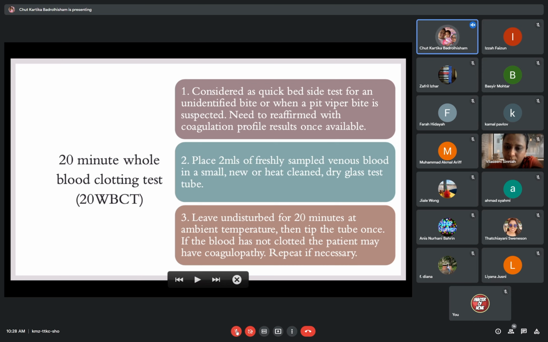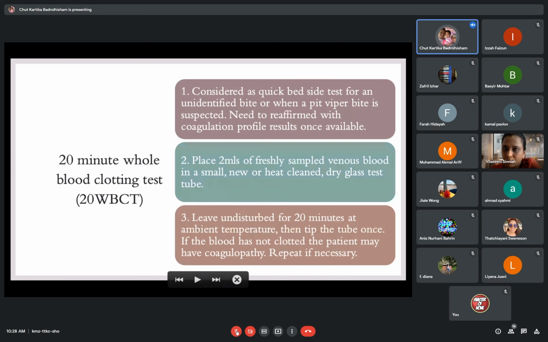And then for this 20-minute whole blood clotting test, usually we take about 1/3 of a glass container of blood. And if within 20 minutes the blood does not clot, it means there is coagulopathy and it might be a Viperidae bite. So we can suspect a pit viper bite. Okay.